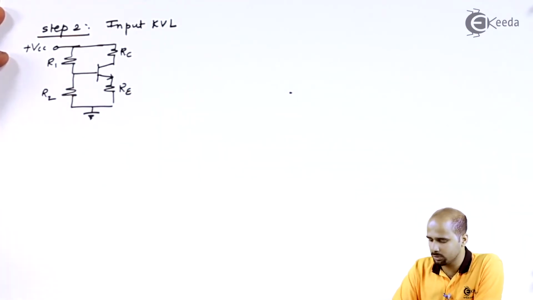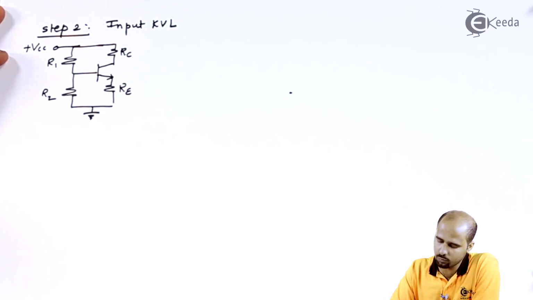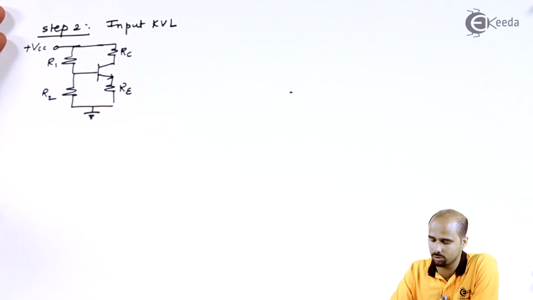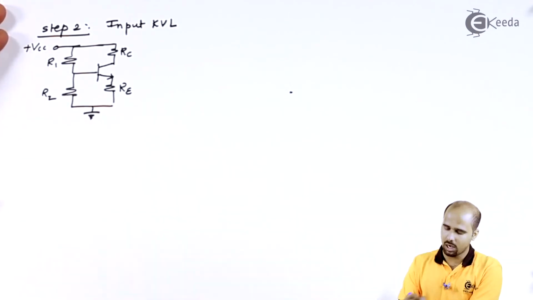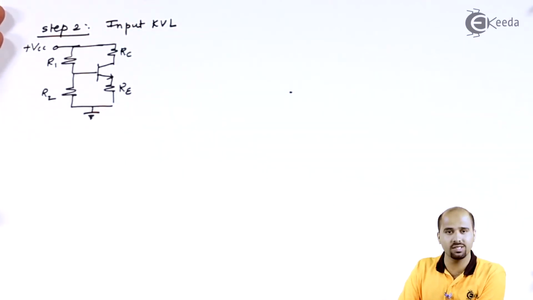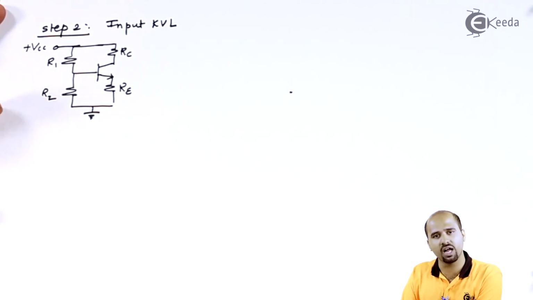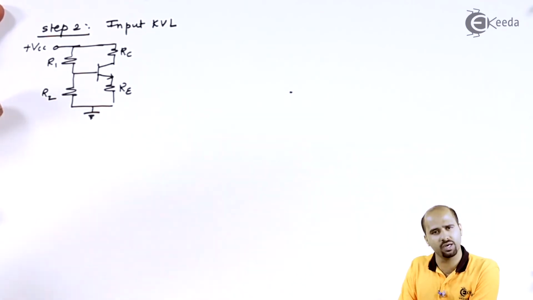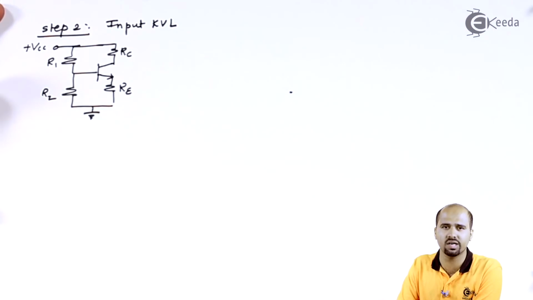I cannot determine the value of the voltage across the base, and I cannot write the input KVL equation, so I want to simplify it. The division of the resistances into two parts, R1 and R2, makes this circuit more complex than the earlier circuit, the fixed bias or collector to base bias, right?